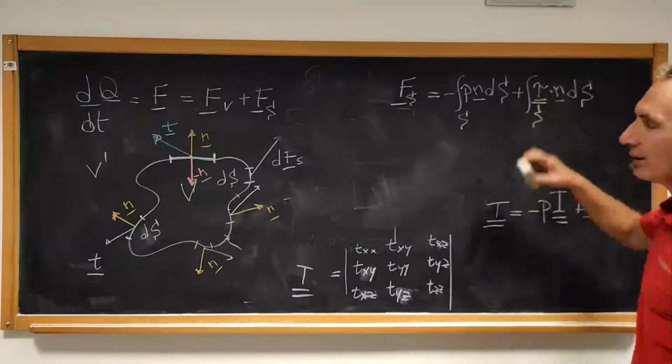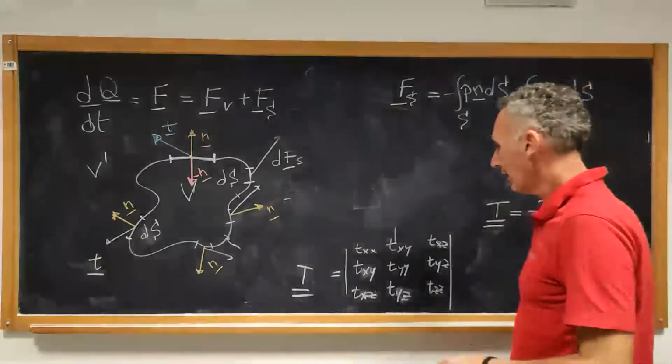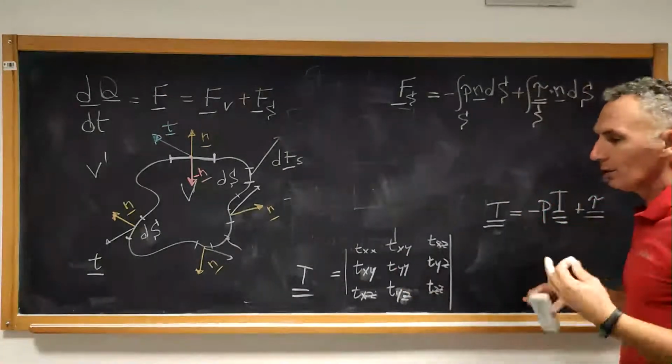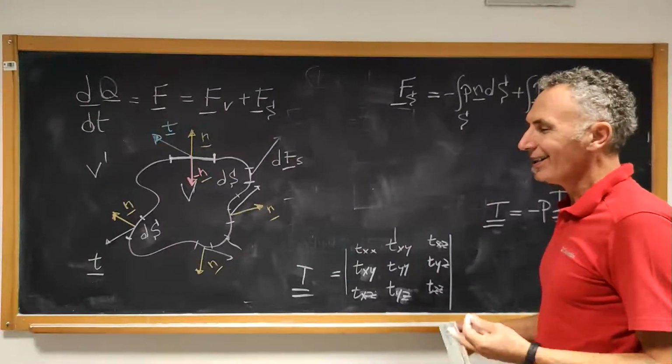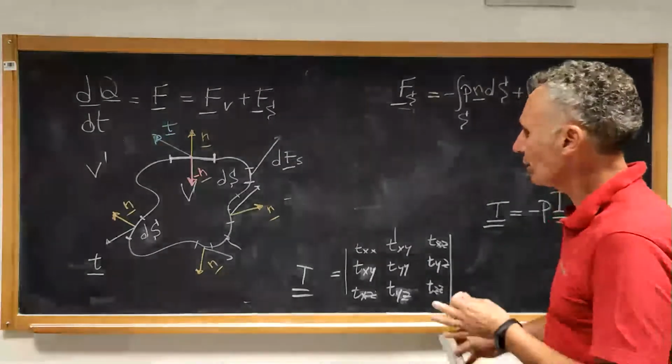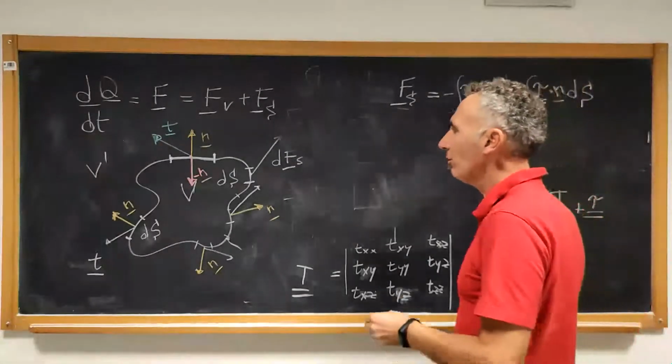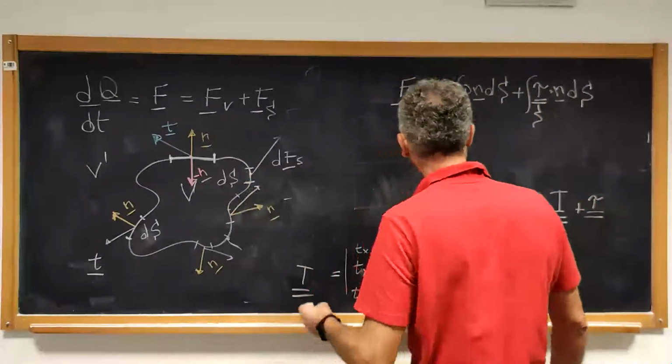Now you might wonder how this tau looks. Keep in mind that this is the part which originates from the deformation of the fluid element. So in order for a fluid element to deform, there must be velocities inside.